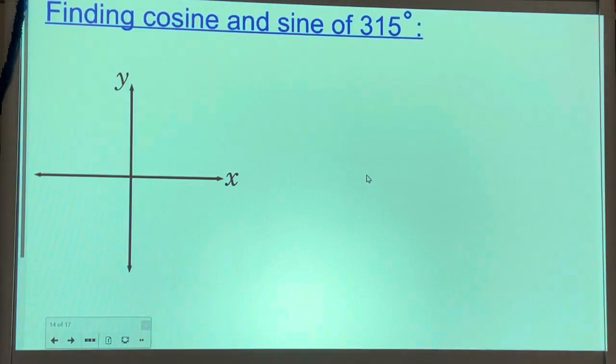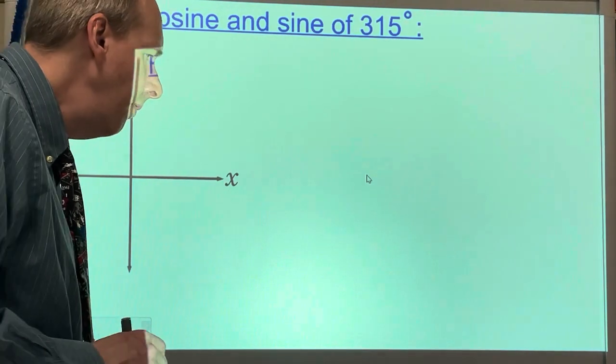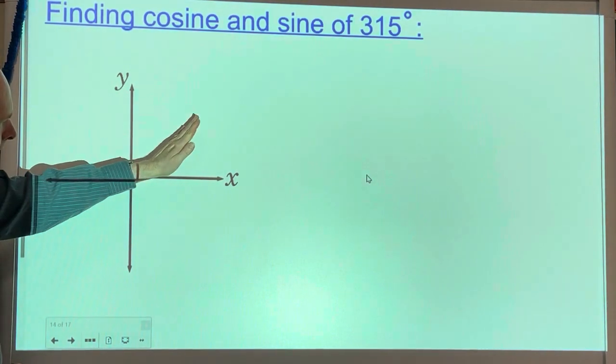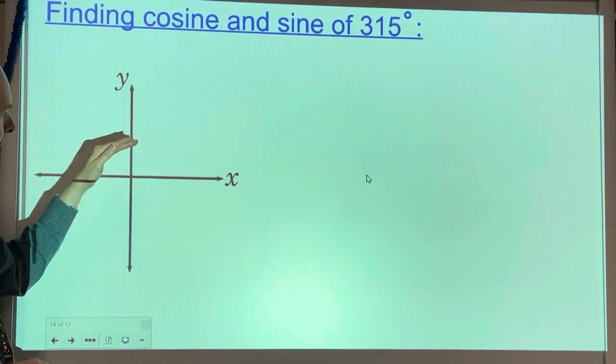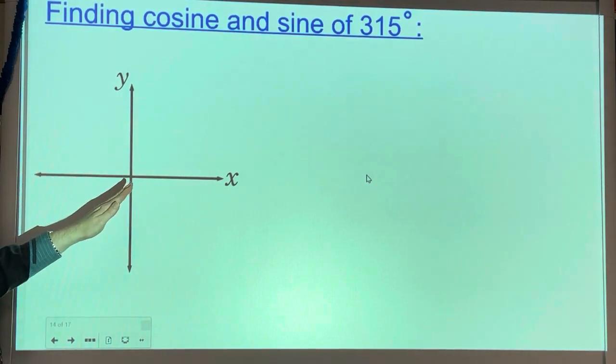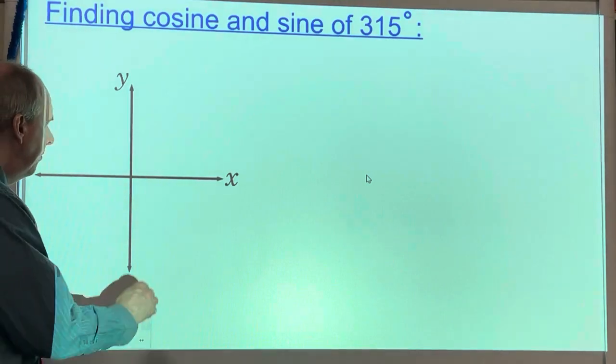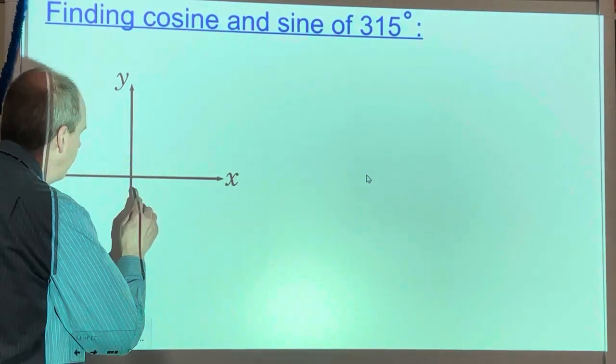What about 315 degrees? First of all, which quadrant is it in? 45, 90, 135, 180, 225, 270, 315. Okay, 315 would be here.